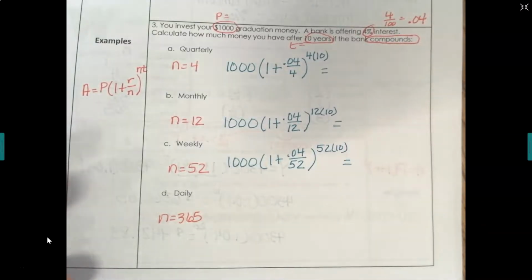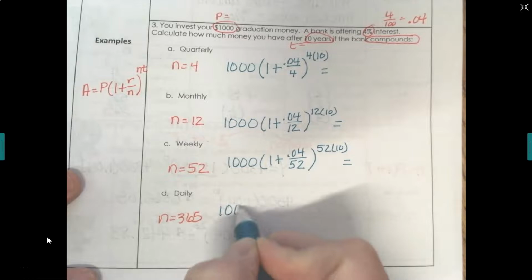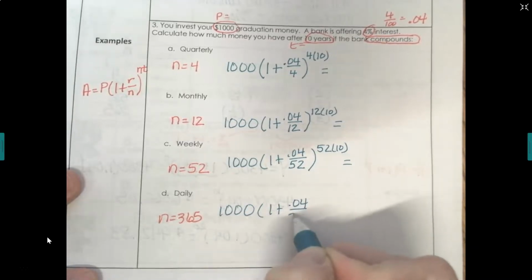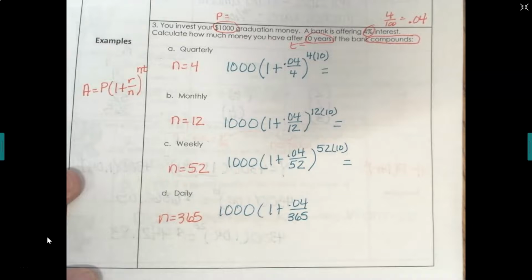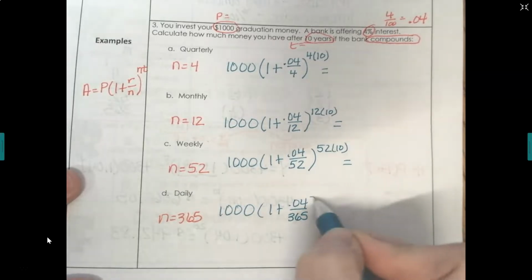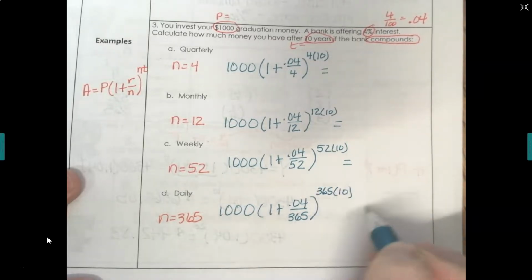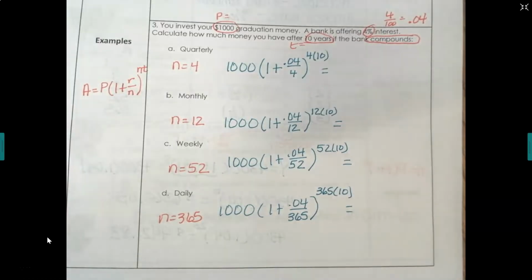All right, and the last one, daily, 1,000, 1 plus 0.04. We're getting paid our interest every single day, so we'll put 365 down there. And then it's N, which is 365 times T time. All right, go ahead and put these into your calculator. Let's see how you do.